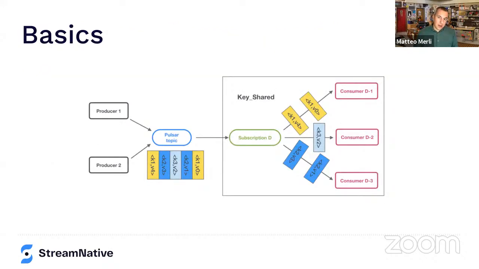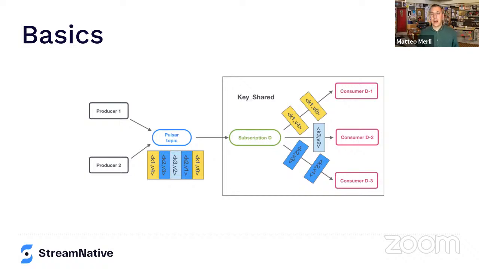So again, the way it works is that the topic is still a log, right? The data is stored in order in the topic, and in this example, we have key 1 value 0, key 2 value 1, key 3 value 2, and then it repeats. The idea here is that each consumer will get a subset of these keys.